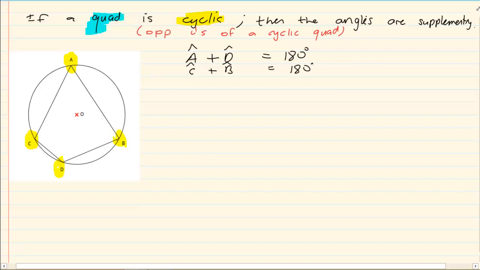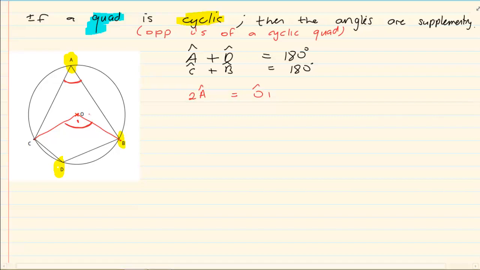Now, how do they come up with that? If I were to construct a line and another line, so what have I done? I've created an arc, and you know that the angle at the center is 2 times the angle at the circumference. So 2 of A is going to equal O1.